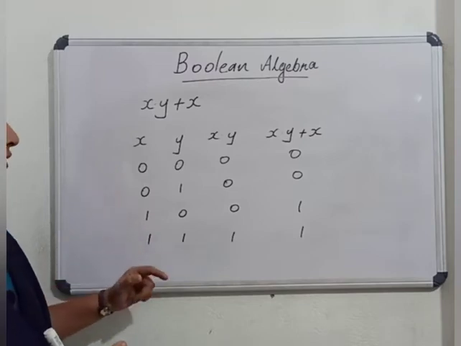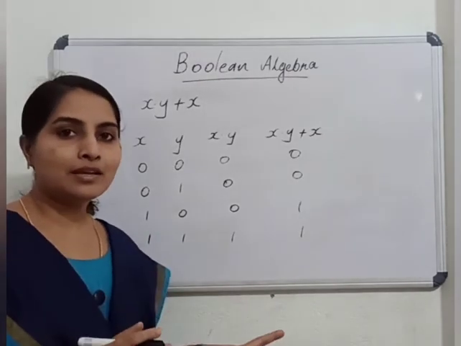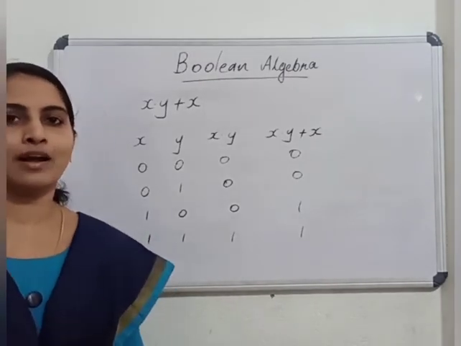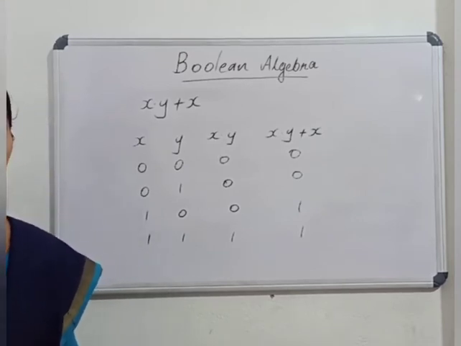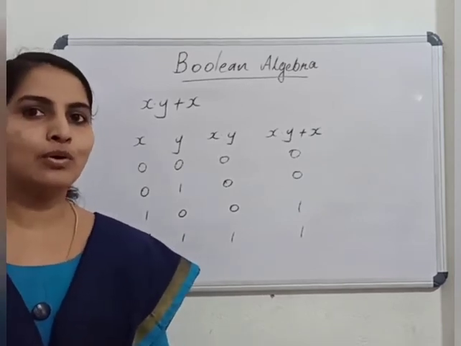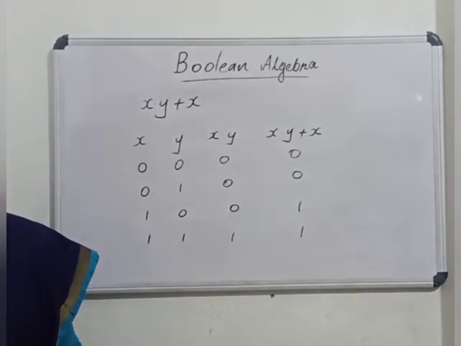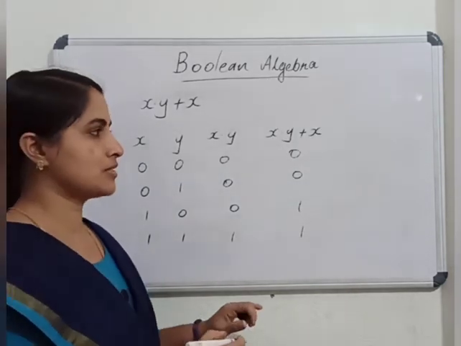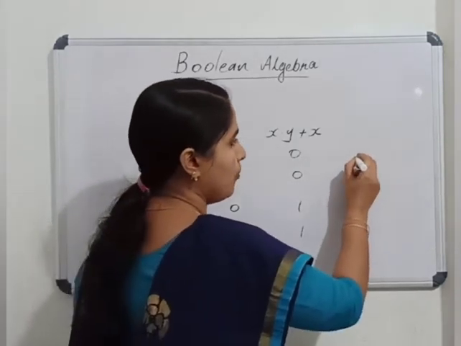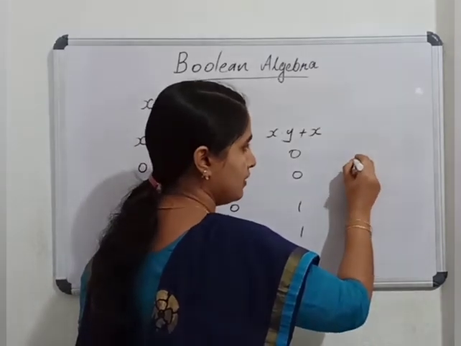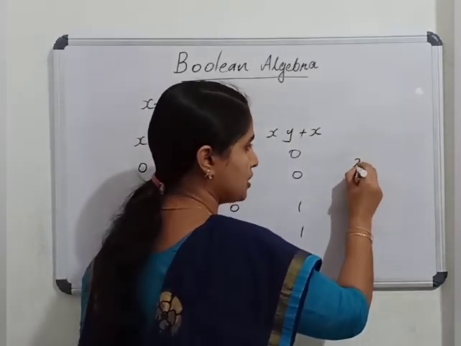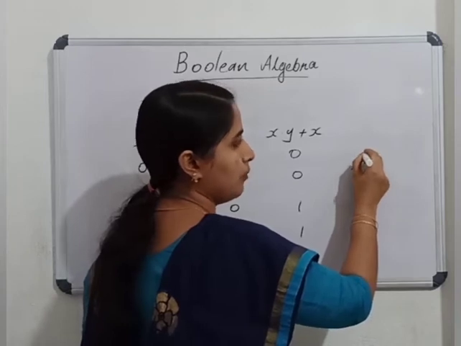Using 3 variables there are 8 combinations, using 4 variables there are 16 combinations, and using 5 variables there are 32 combinations. How can we obtain this? This is the binary number system, so the number of combinations can be found as 2 raised to the number of variables.